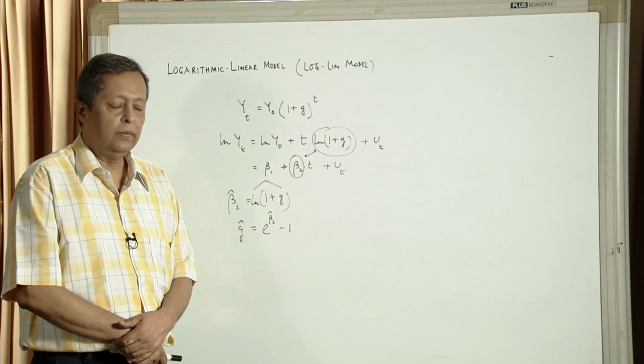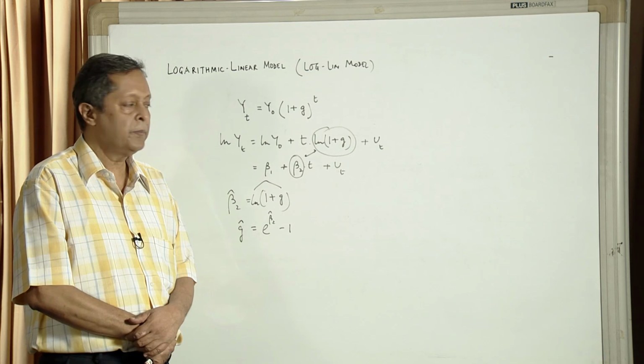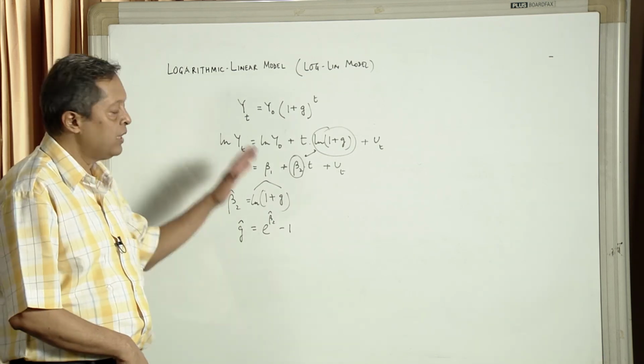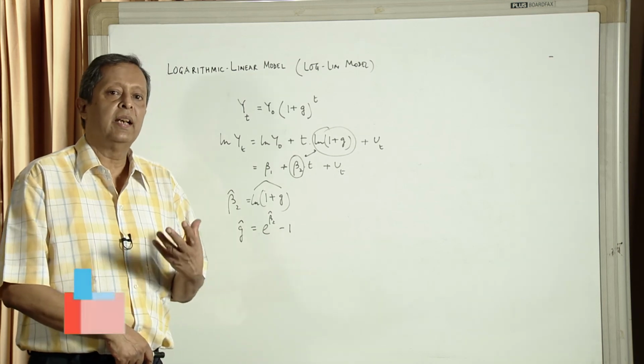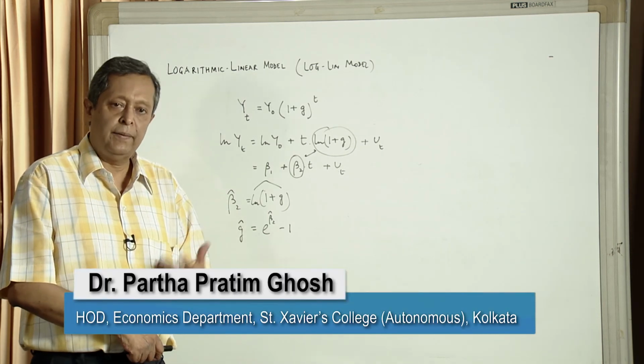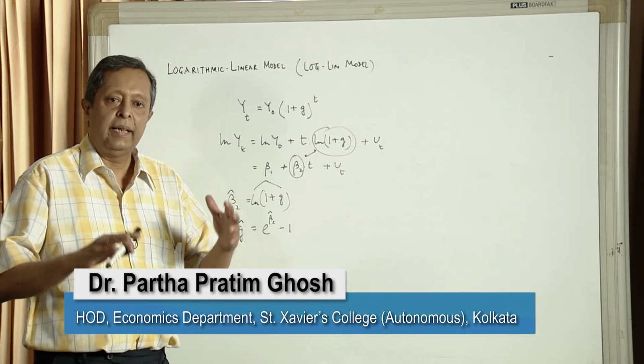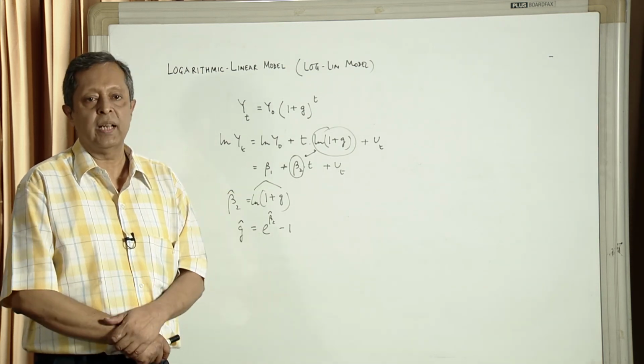In the next module, we will look at some further functional forms. In the meantime, please go through the study materials where these examples are given and numerical estimates are shown with their t values, standard errors, and r squares, so that you can get a feel of how these models are estimated.